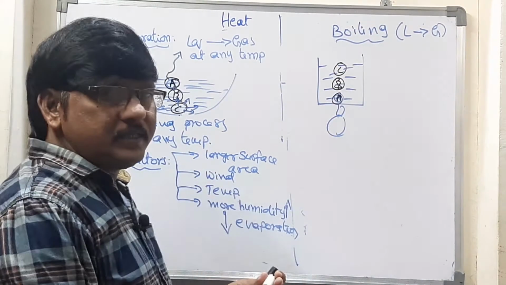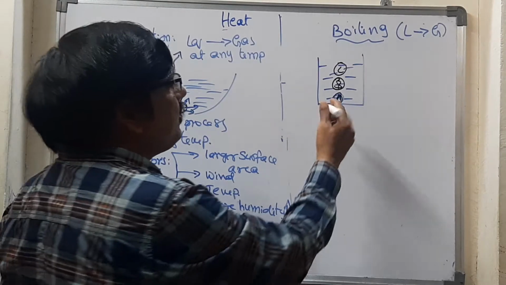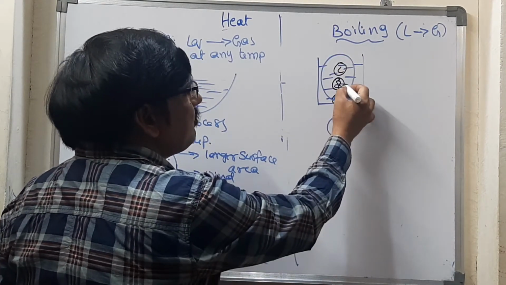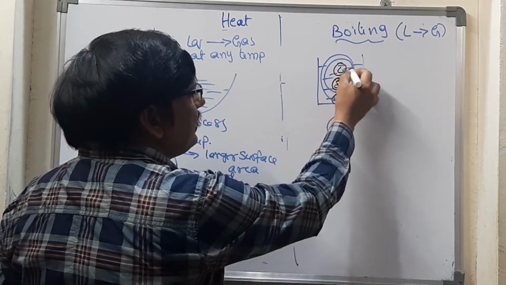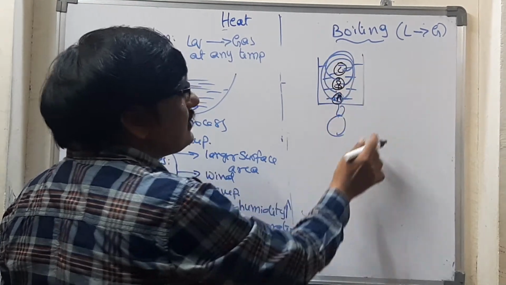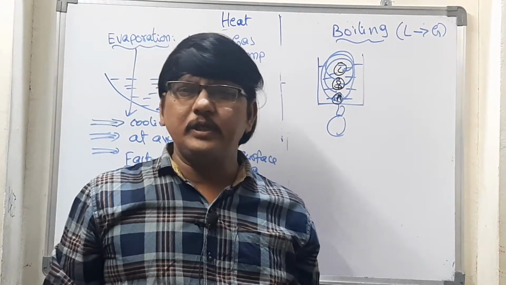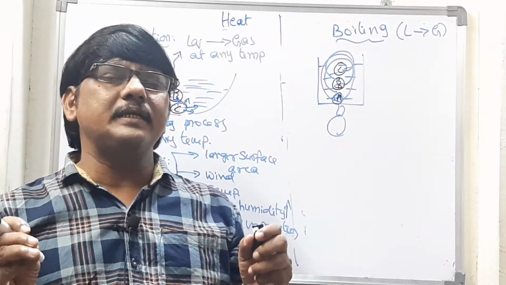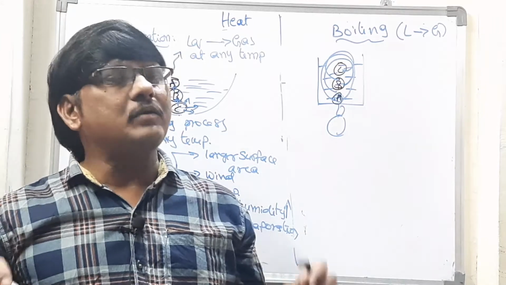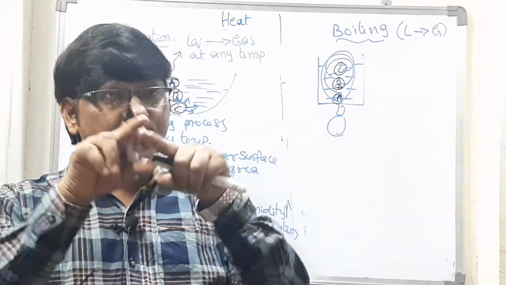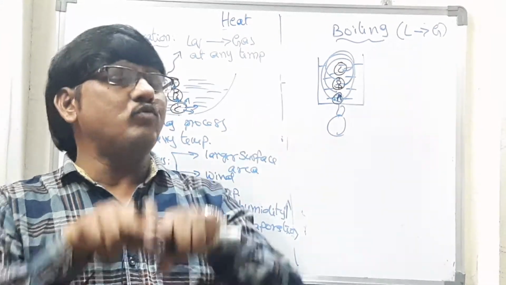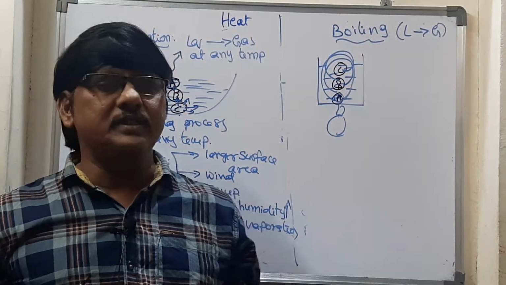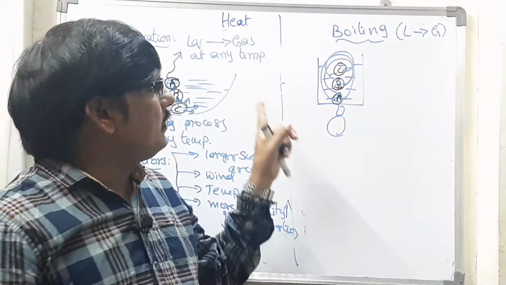Once you supply energy, the A molecule will get energy and start traveling like this. The B molecule also will get energy and travel. The C molecule also will travel. Means any molecule can escape into the atmosphere, not only A, not only B, not only C. So we call boiling a bulk process. Evaporation is a surface phenomenon. Evaporation takes place only at the surface, but boiling takes place anywhere, because this is a bulk process.